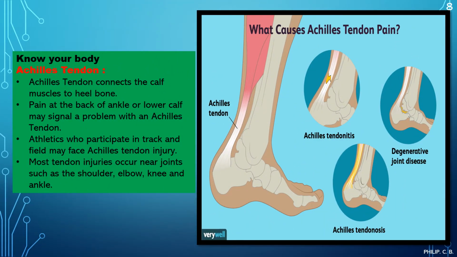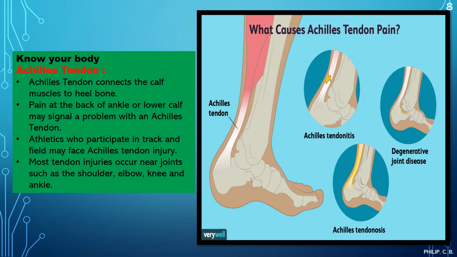Further, just additional information, know your body. Now the Achilles tendon connects the calf muscle to the heel, which you can see in the image towards the right. Pain at the back of the ankle or lower calf may signal a problem with the Achilles tendon. Athletes who participate in track and field may face Achilles tendon injury.